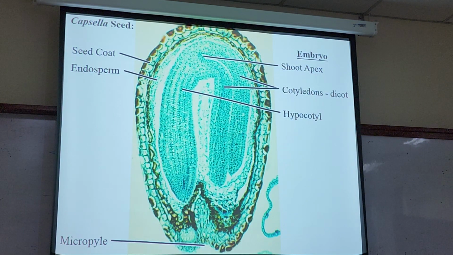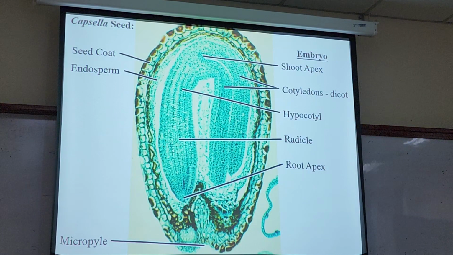Ingat tu. Right. And this is your radical. And dekat hujung radical, you're going to get what? Root apex. So, we've got two apices here. Shoot apex and root apex. Okay? And both are meristematic, meaning that they can give to further growth.